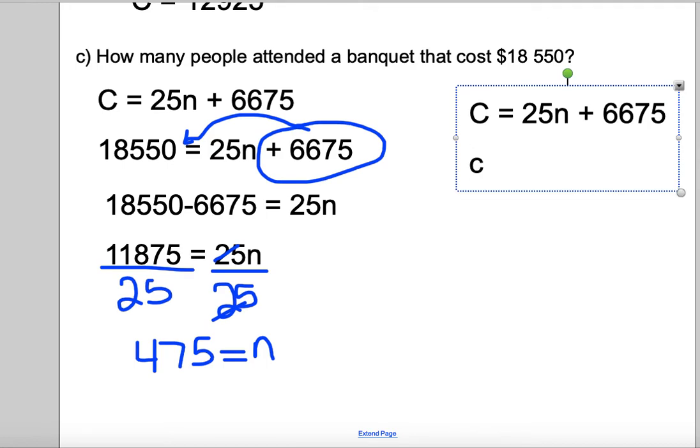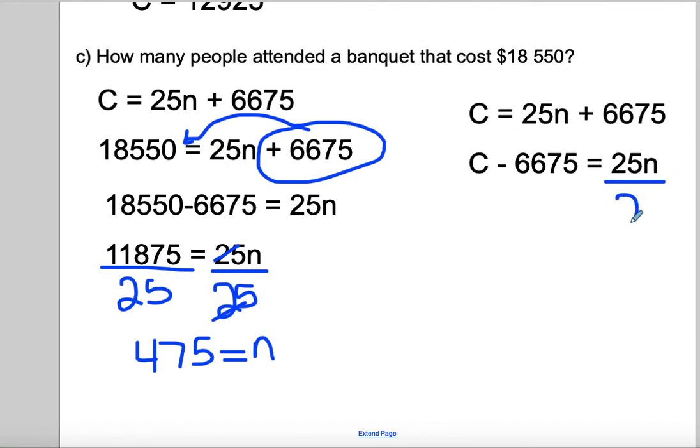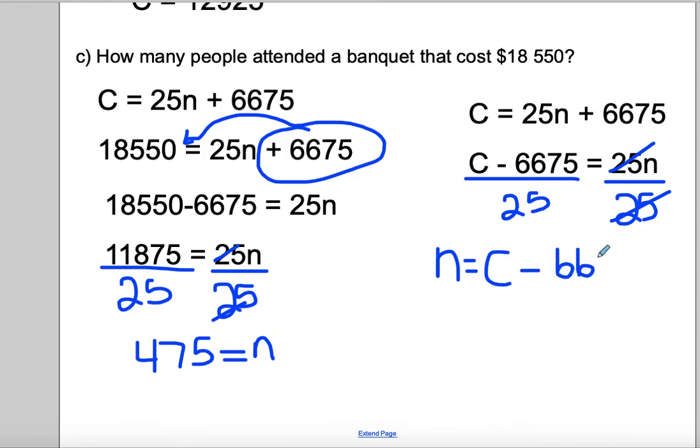So you're going to have C minus 6,675, which is equal to 25n. From here, you're going to isolate that n. You're going to divide this side by 25. These cancel out, and you are going to be left with n is equal to the total cost minus the fee for the hall divided by 25. You're basically going to get the same thing. You're just rearranging before you solve.